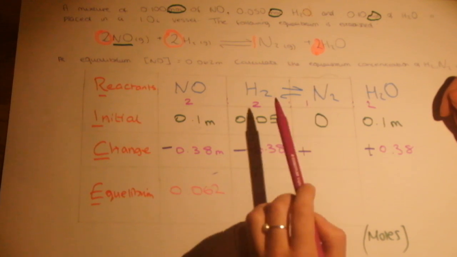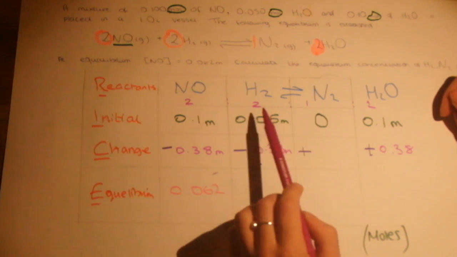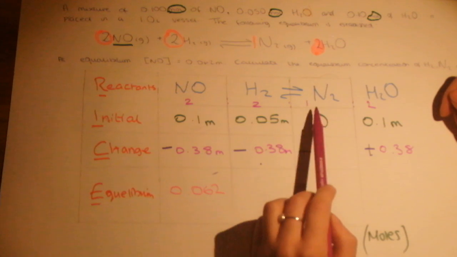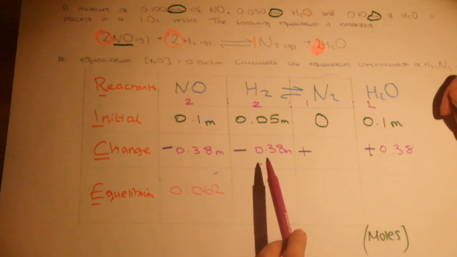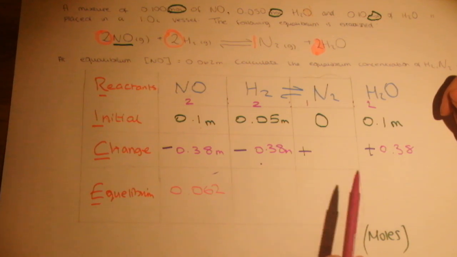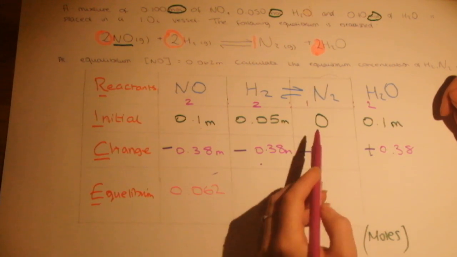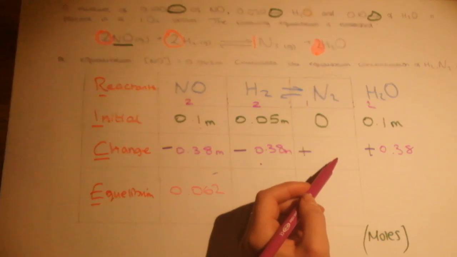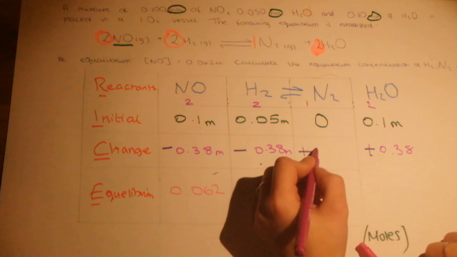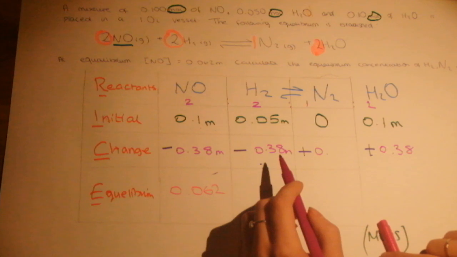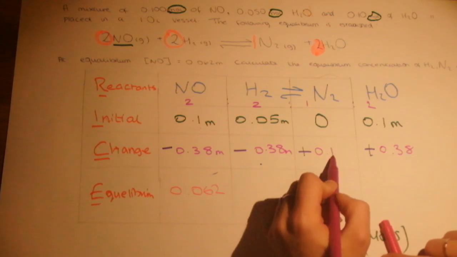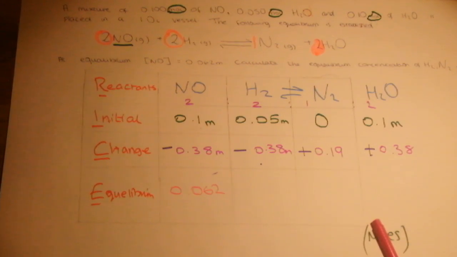However, N2 is divided by 2 because it's 1, so you're going from 2 to 1. So you also halve the changed moles. So it goes from 0.038, and then you halve that, which is 0.019. So we know that's going to be increased by 0.019.